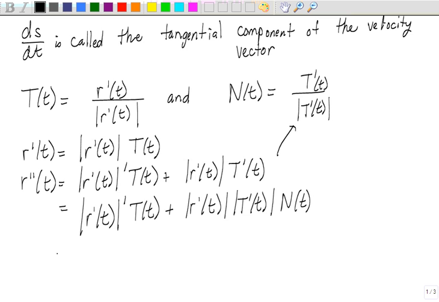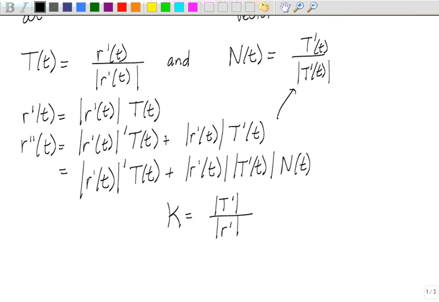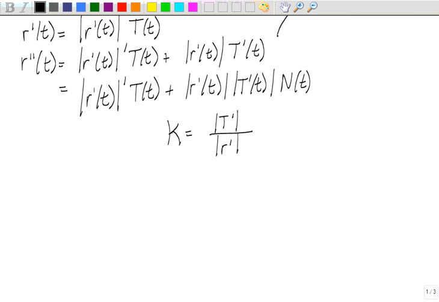And then we're going to substitute this. We know the curvature is defined to be the magnitude of T prime of t divided by the magnitude of r prime. So we can replace this right here by the second derivative of s with respect to t.